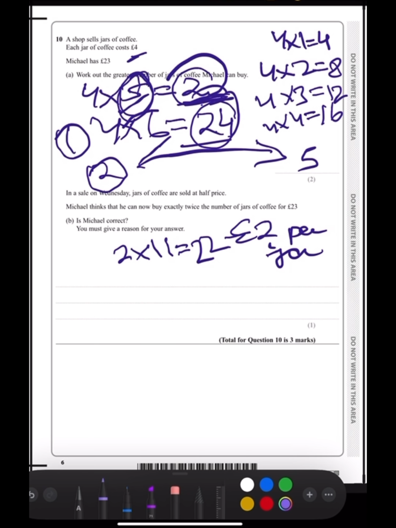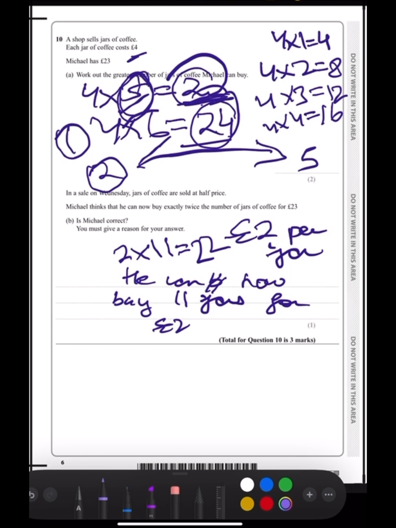So we can clearly say with this small experiment and small tryout, and by the small solving, we can simply say that he can now buy 11 jars for 22 pounds. So no, he is not correct.